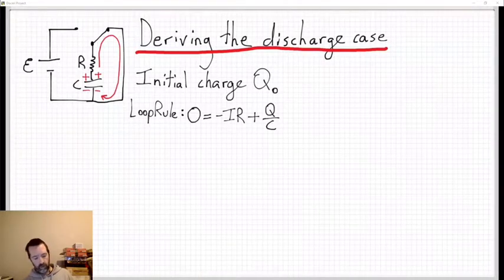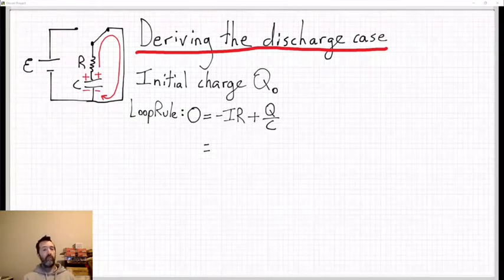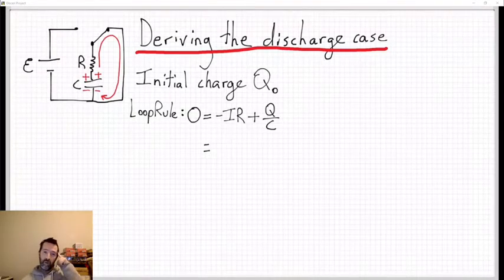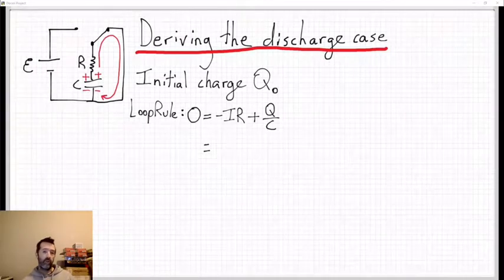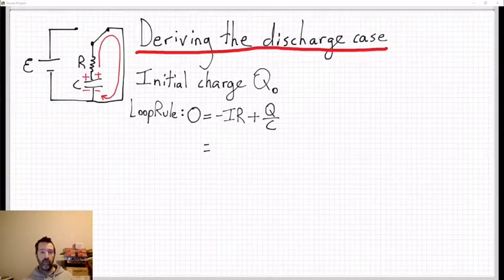And the trick here is that Q and I are related to each other because you may recall the definition of current involves a derivative of Q. Current is charge per time. It tells you how much charge flows past a point in a given amount of time.